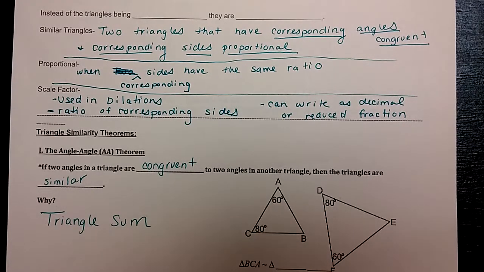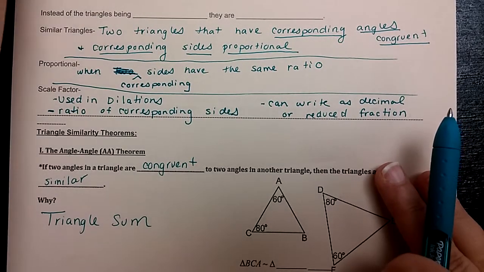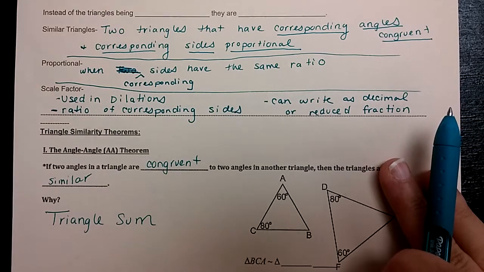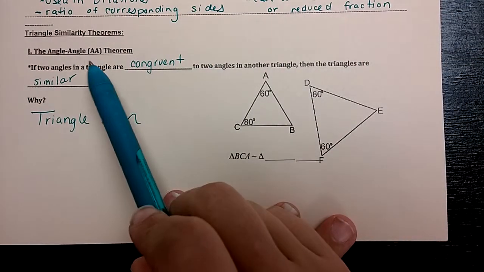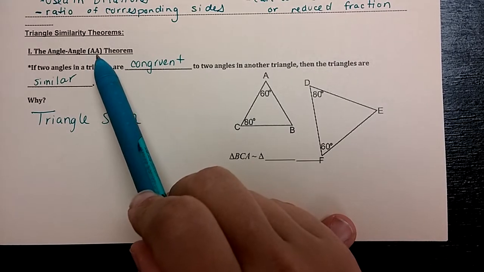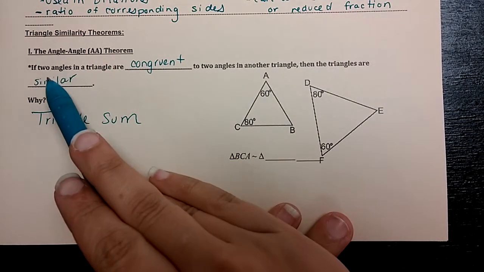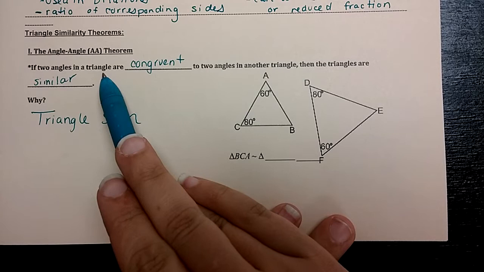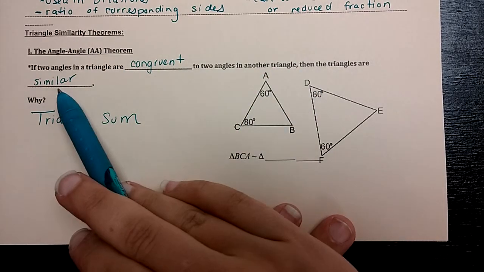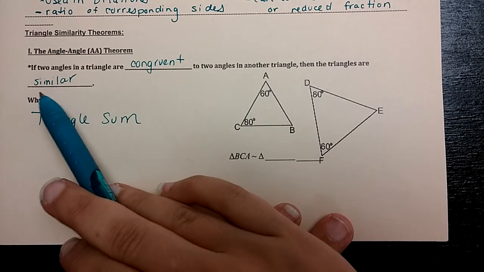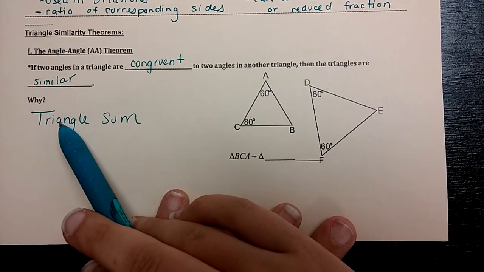Now, before we get into examples, we have to know what the three theorems are that we can use to prove two triangles are similar. The first theorem we can use is called the angle-angle theorem. We abbreviate it AA. And it states that if two angles in a triangle are congruent to two angles in another triangle, then the triangles are similar. Why? Well, because of triangle sum.